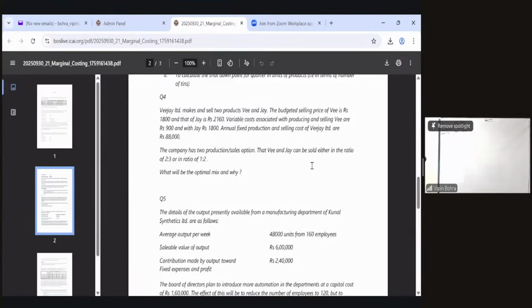So here the selling price is given, 1800 and 2160. The variable cost is given, that is 900 and 1800. So we will be able to calculate the contribution per unit, that is 900 and 360. Now let's assume that the sales mix is 2 is to 3.